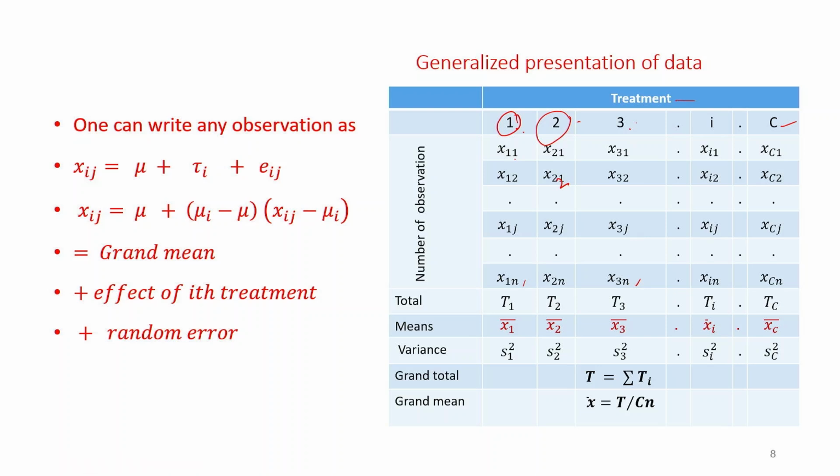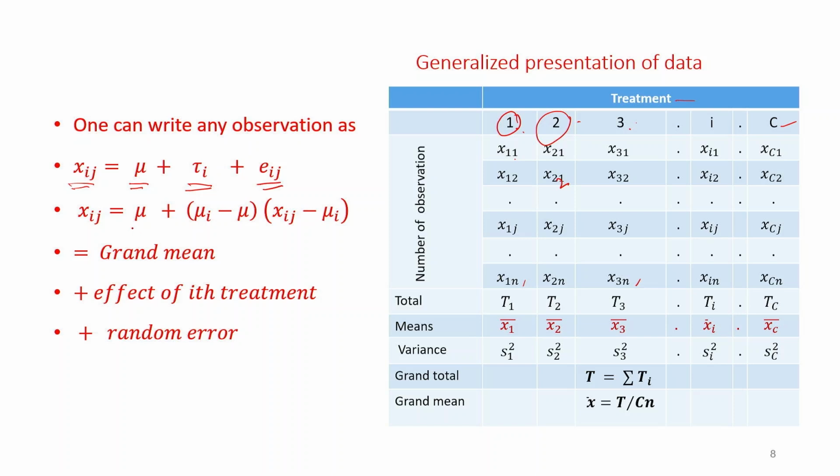C could be 3, 4, 5, 6, 7, and there are n different observations under each treatment. N could be 5, 6, 7, 8, 9, 10, whatever number of readings we want to take. So any value xij has 3 components. One is the grand mean, plus this is called treatment effect, and this is called the error.